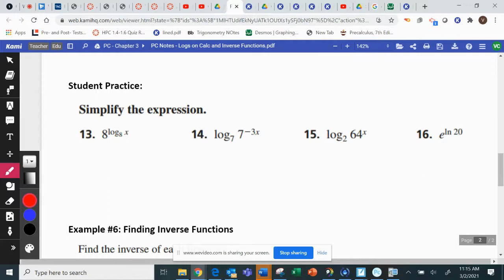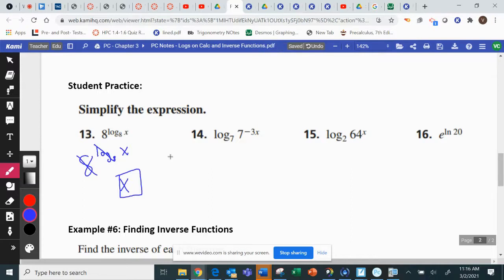Okay, so the first one, 8 is a base. And then the exponent is log base 8 of x. And remember, 8 to the log base 8 are inverses. So just x.